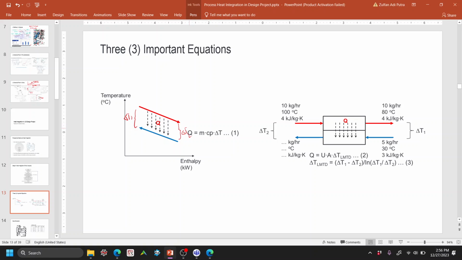So you have delta T1, delta T2, and then you can say, okay, delta T LMTD equals delta T1 minus delta T2 divided by ln of delta T1 divided by delta T2. As easy as this. So this is 1, 1, 2, 2, right? That's it. If you say that this is your 1 and this is your 2, it's basically the same. Either way, it's fine because negative will cancel out each other. But what's more important is that it has to be consistent.